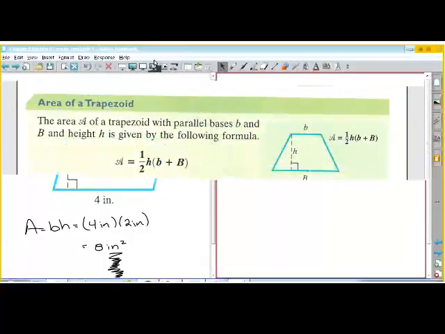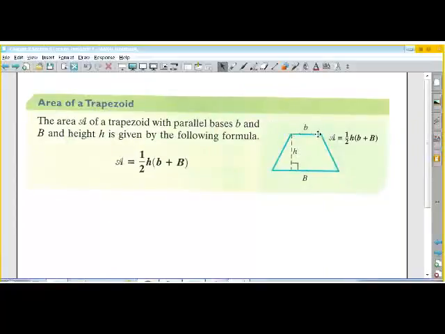Now, a trapezoid has a similar kind of thing, except you take the average of the two bases, and then you multiply that by the height. So it's b, small b, which is the length of the shorter parallel side, plus the length of the other parallel side, multiplying it by the height.